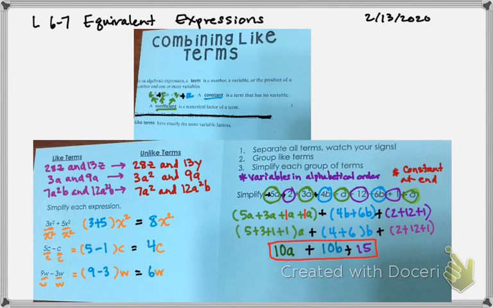Now, I'm going to go to the next screen to do the last two examples, still on the same second page. Directions are going to say simplify. So first one in this grouping, we have 14y plus x plus 22y.